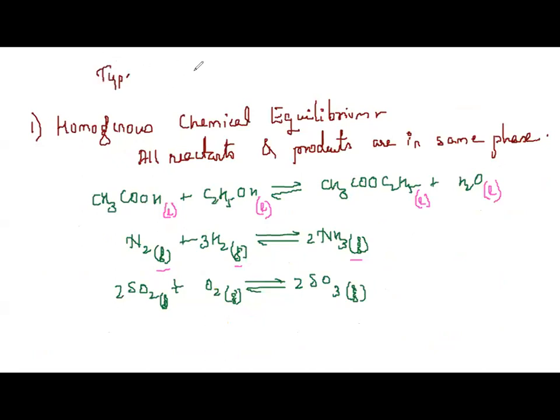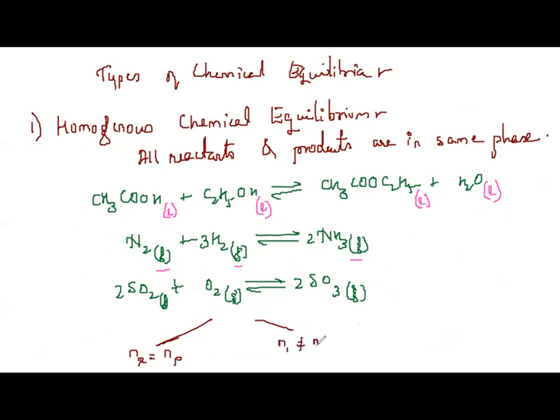Then types of chemical equilibria. There are two types of chemical equilibrium: one is homogeneous chemical equilibrium and another one is heterogeneous chemical equilibrium. When all reactants and products are in the same phase, it is homogeneous chemical equilibrium. And in that also we have two types. In one, the total number of reactant molecules is equal to the total number of product molecules, and in the other, the number of reactant molecules is not equal to the number of product molecules.